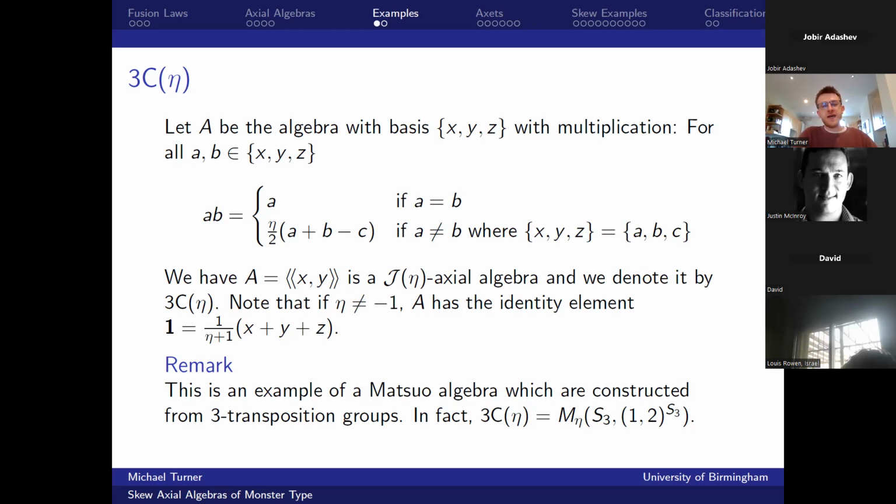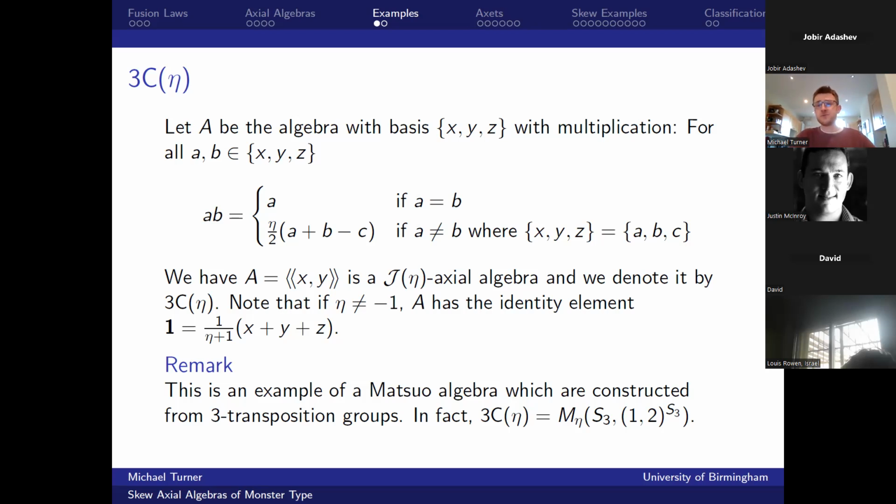So if eta does not equal -1, then this algebra has an identity, and the identity is 1 over (eta plus 1) times (x plus y plus z). If eta does equal -1, then there is no identity. It's got an annihilating element, which will also pop up later on, but the construction will be a bit different.